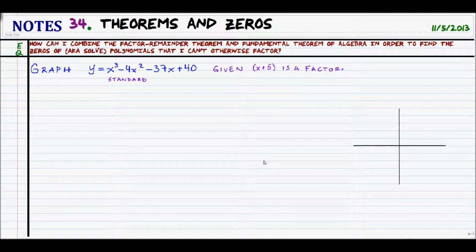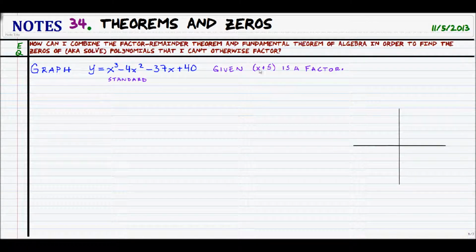If this were a problem from yesterday, and I'd given you that x plus 5 is a factor, you'd go ahead and write out 2 SPACs and then work your way through from there. Well, I'm not going to do that just for this moment because that's not our goal. Our goal is to graph this thing, so let's not bog ourselves down. Instead, I'm going to use the fact that x plus 5 is a factor in order to do synthetic division to break this polynomial up so that I can get a quotient that I can factor and actually work through.